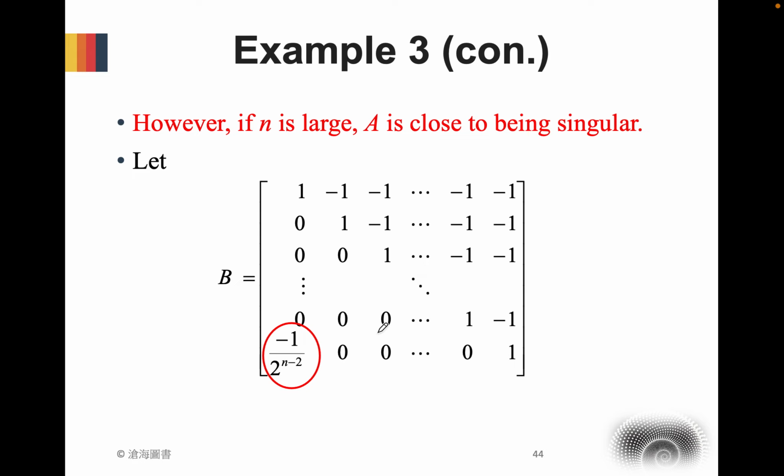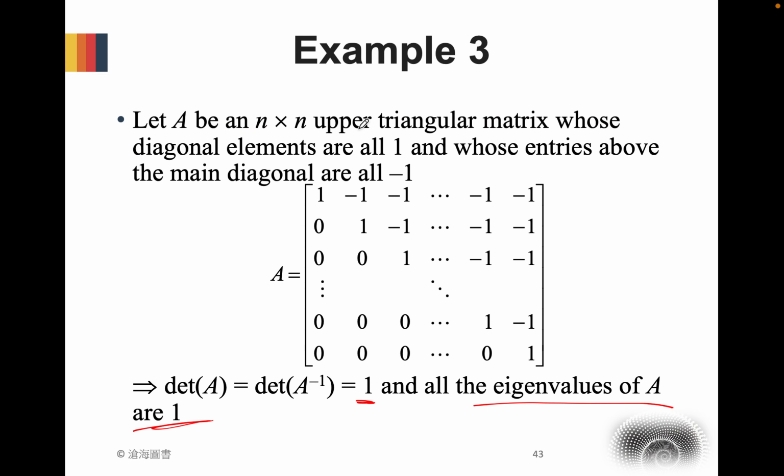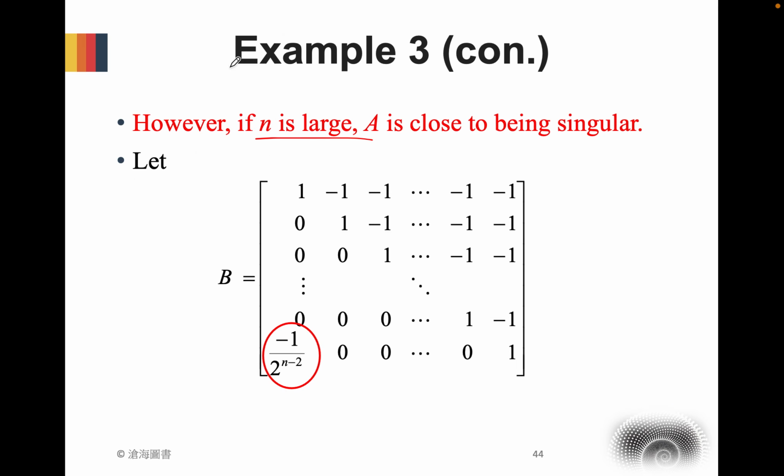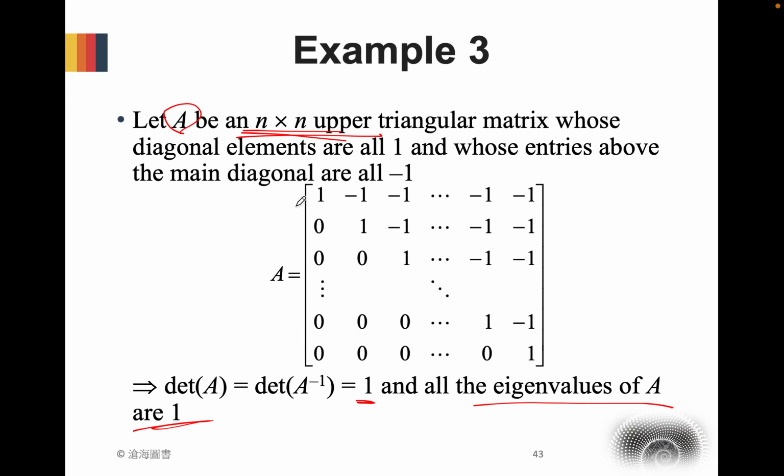However, we will show that if n is large, for example, if this matrix A is a very large upper triangular matrix, then A is close to being singular. So we know in this n by n upper triangular matrix, for example, this matrix is 10 by 10.